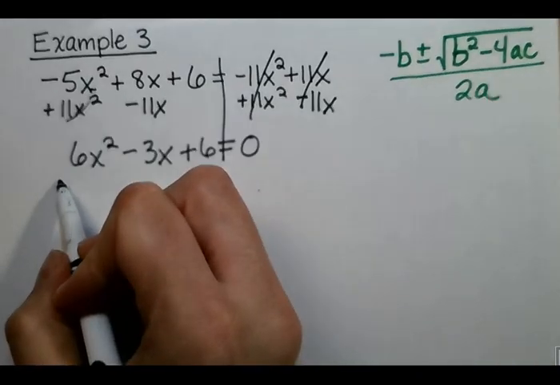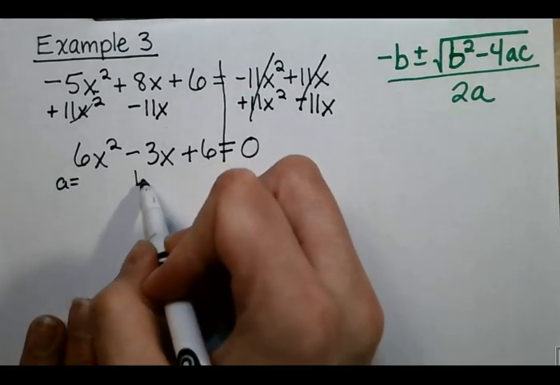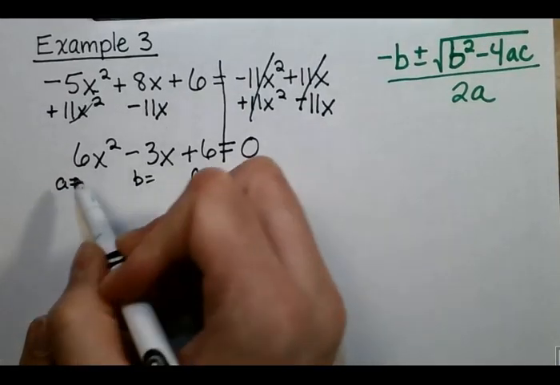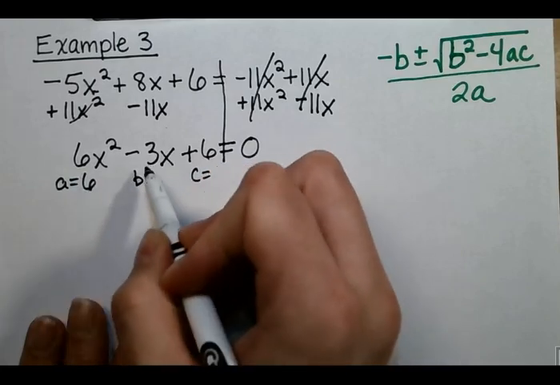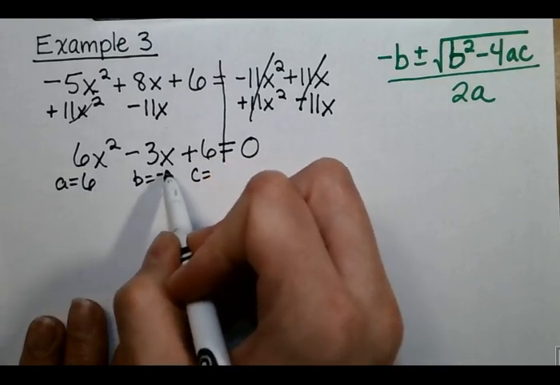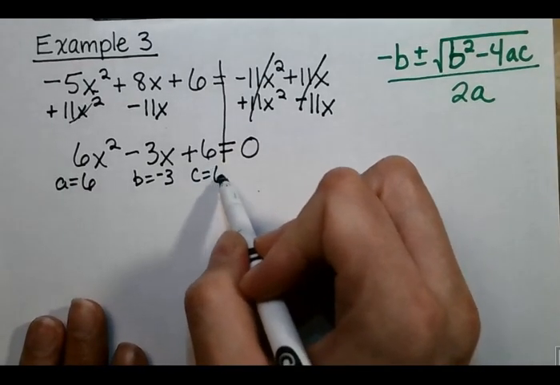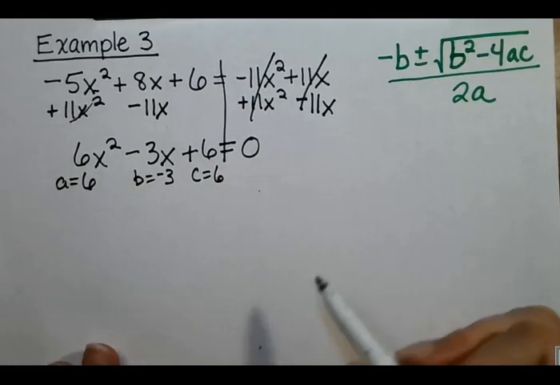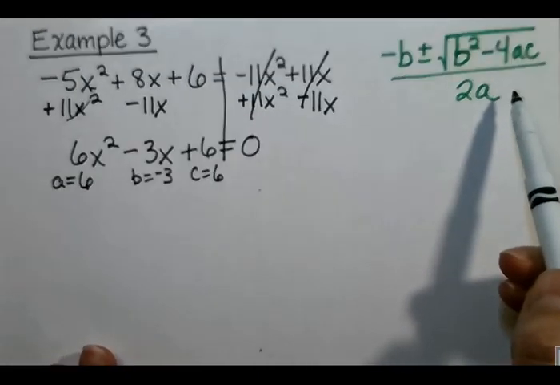Okay, so now we're ready to identify our A, our B, and our C. Our A is positive 6, our B is negative 3, and our C is, again, positive 6. So we're ready to plug into our quadratic formula.